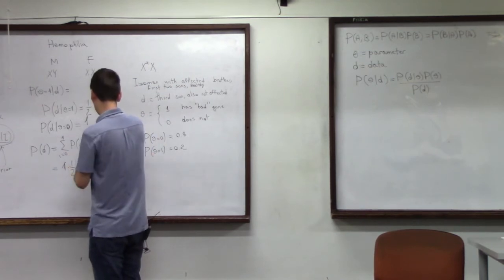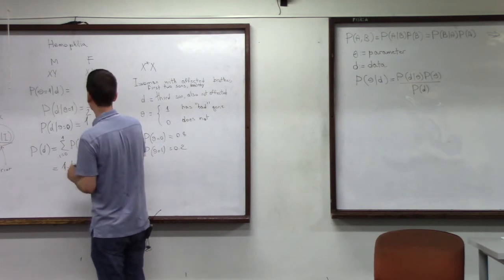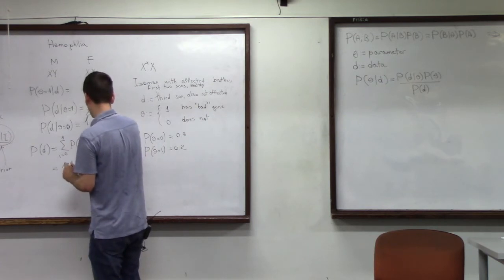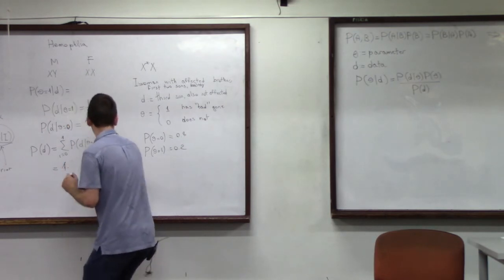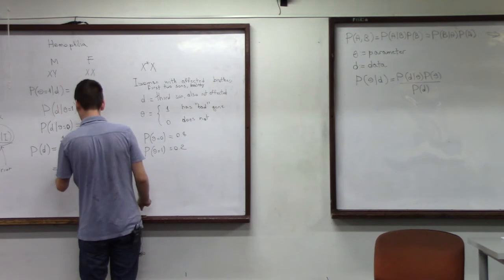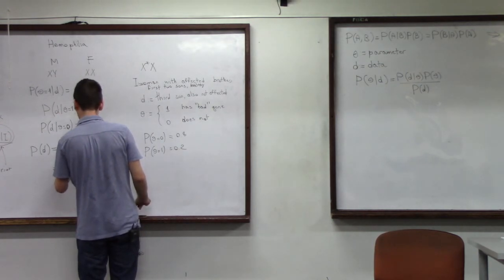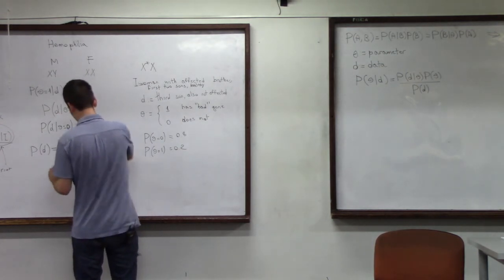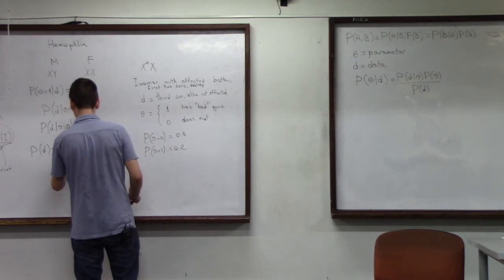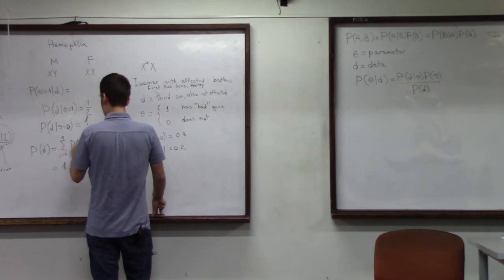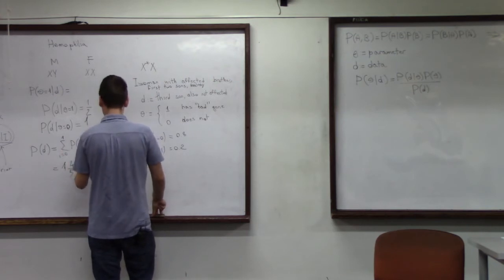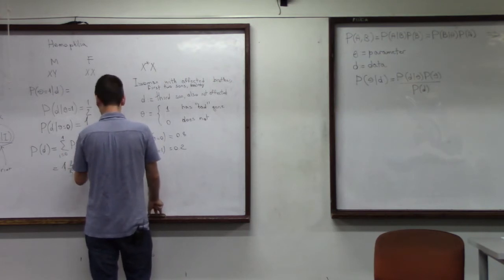And this still applies, but this becomes 1 times 4/5 plus 1/2 times 1/5.